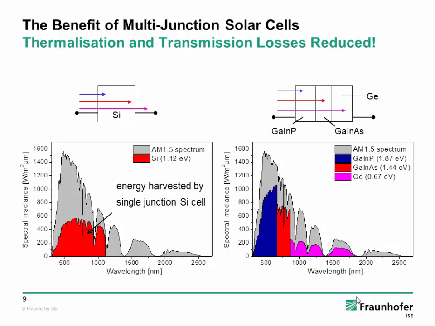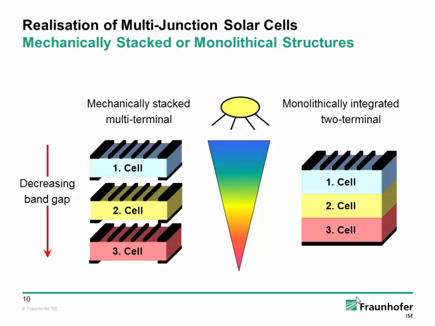Because we have different band gaps here, you see we have basically the same shape, but starting at these different band gaps. And now what you simply see is that transmission losses as well as thermalization losses are dramatically reduced, by simply comparing the gray area. Again, these are the losses of a solar cell. So that means we can achieve much higher efficiencies with multi-junction solar cells.